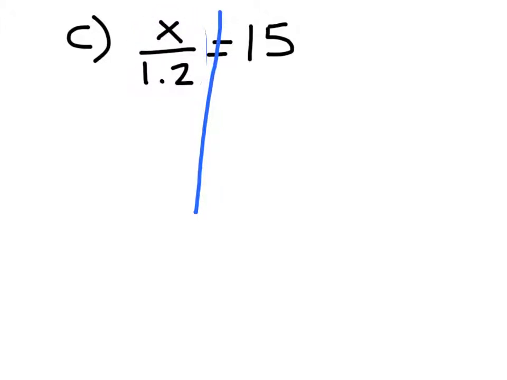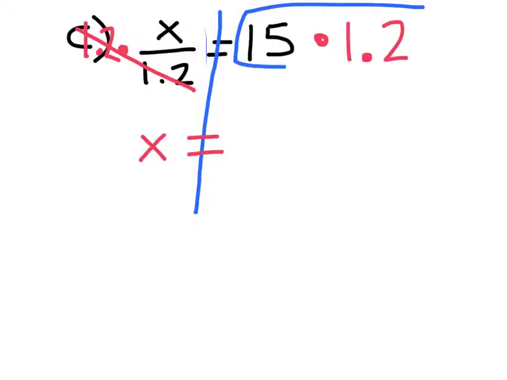So right here we're dividing by 1.2, so we're going to multiply by 1.2. Those cancel each other out. Multiply by 1.2 on the left side, I have to do it on the right side. Times 1.2, and I'm left with x equals, now I just need to multiply this right here.